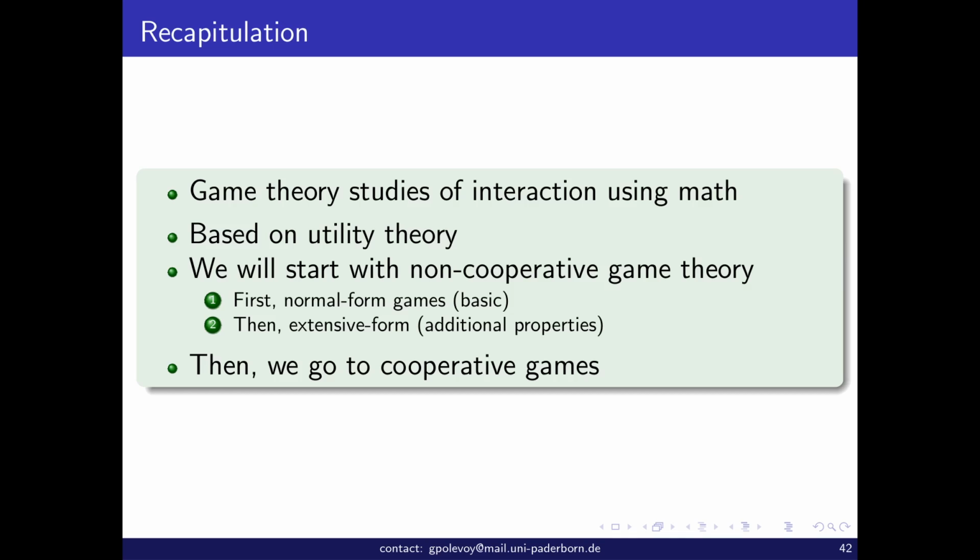We will start with non-cooperative game theory. In particular, we'll start with normal form games, also called standard form games, which abstract out from the details of the strategy and all that, and then we will study the extensive form games, which have many additional properties. The advantage is that they allow analyzing additional little details of interaction.